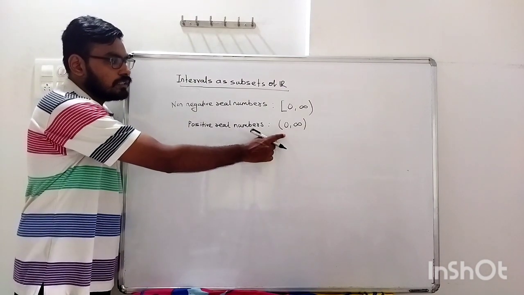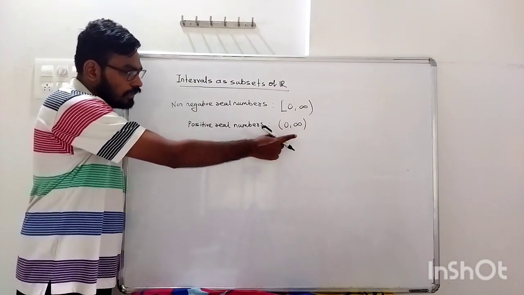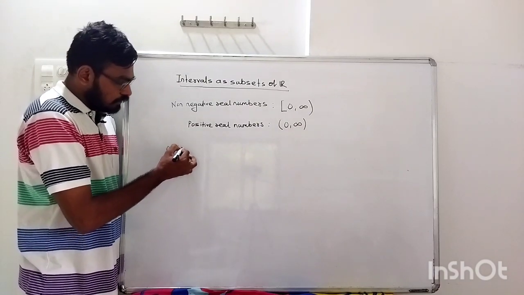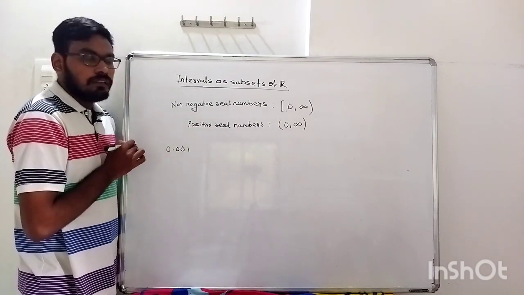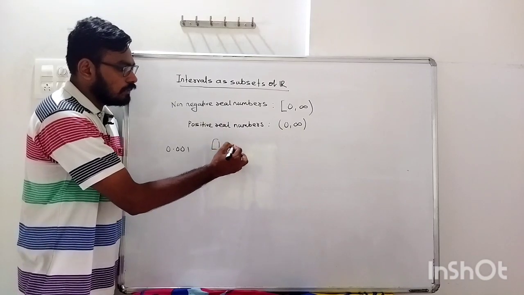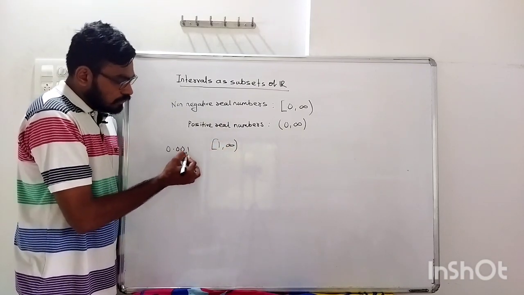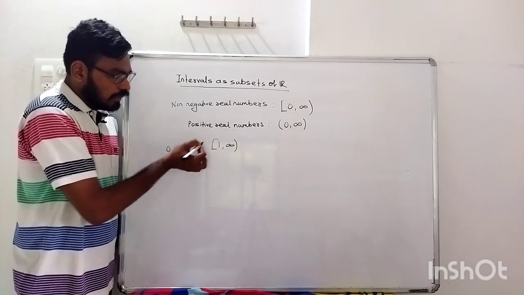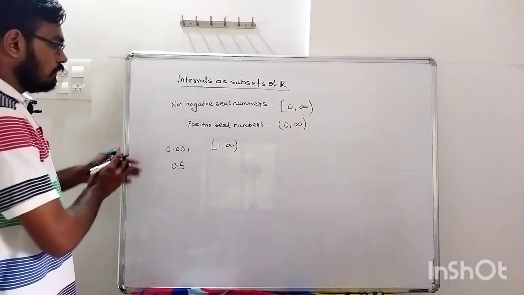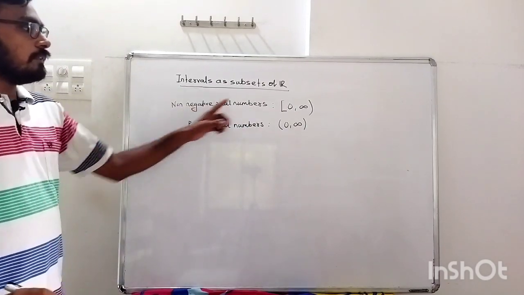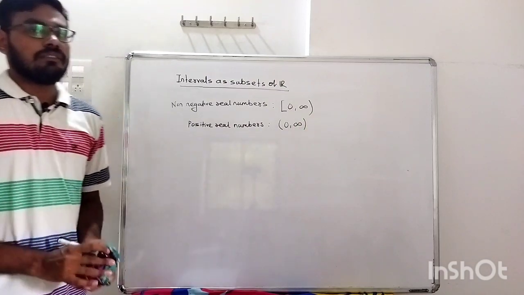That means 0 is not included, but the next number is there, for example, 0.001. This is also there, okay? We can't write 1 to infinity for positive real numbers because 0.001 is there, 0.5, all numbers are there in positive real numbers. That's why you have to put just a round bracket there and a round bracket on this side also.